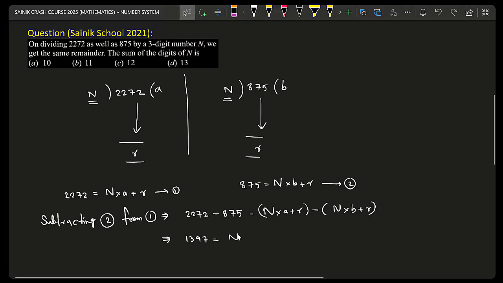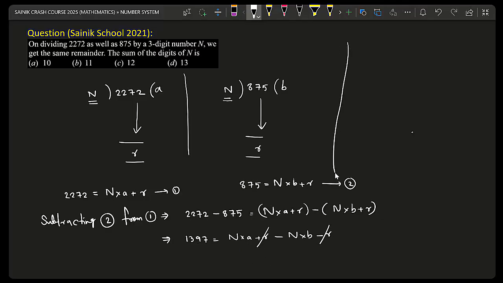Before the bracket, if minus is there, every sign is going to change, so it becomes minus n into b, and plus r becomes minus r. So we can cancel out plus r and minus r. So 1397 is equal to n into a minus n into b. I can take n common, so n times a minus b. Finally we got 1397 is equal to n times (a minus b).